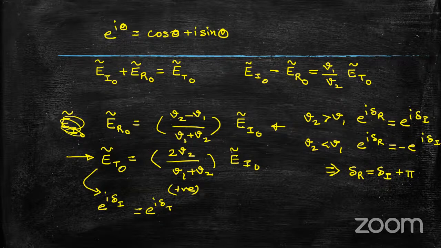One half c epsilon naught, or epsilon, only epsilon 1, epsilon 2 will come, times E square, the amplitude of E square. Okay, so now you can find out the intensity I of the reflected wave in terms of the intensity of the incident wave.